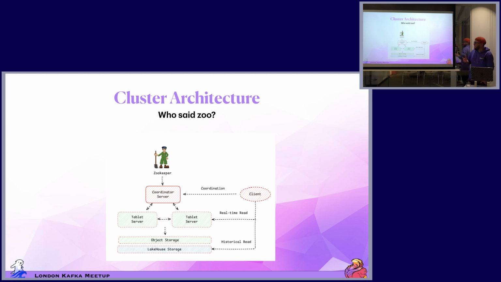Then there are tablet servers. They all coordinate and exchange information between each other. And then there is a client that can do real-time reads, historical reads, and there is also a little narrow green lane that is called object storage.